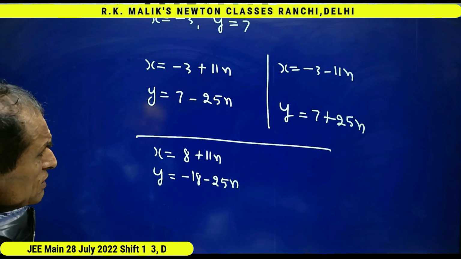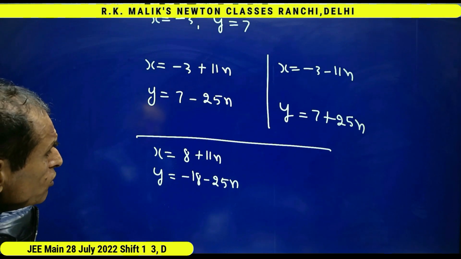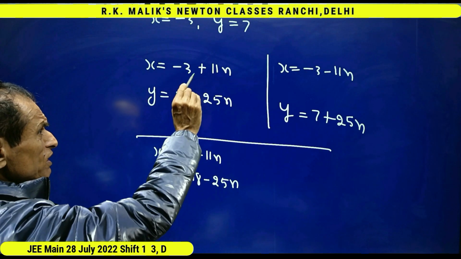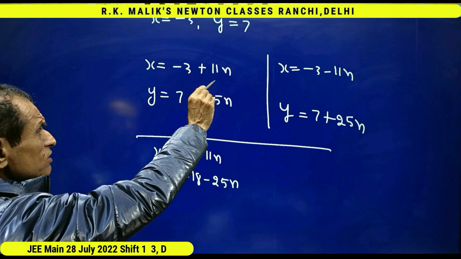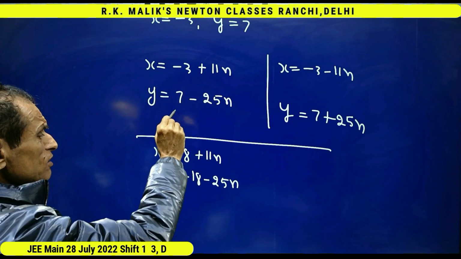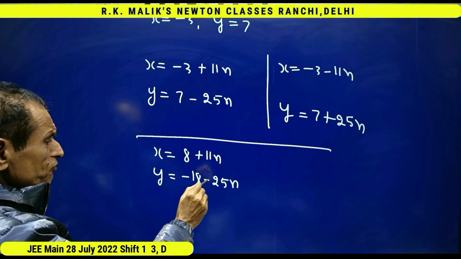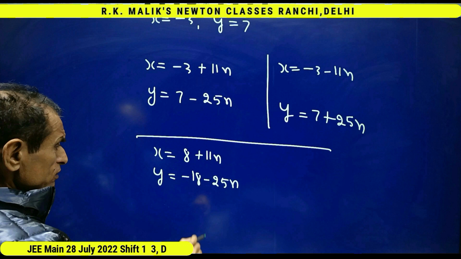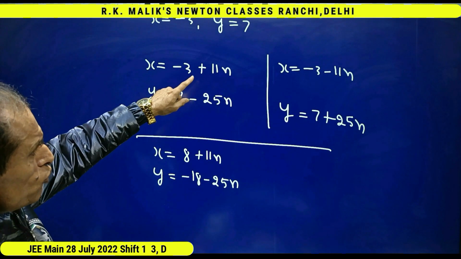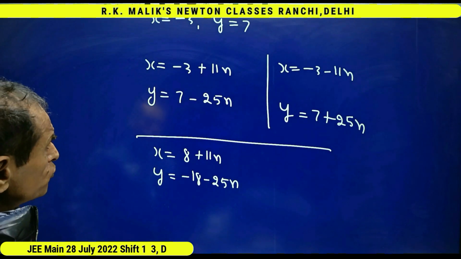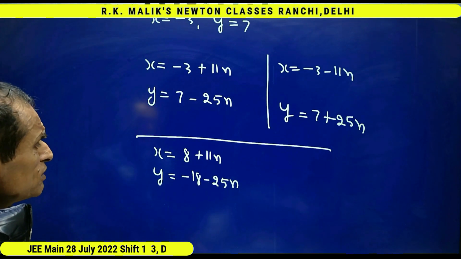They are actually the same, only they are seemingly different. It is clear that if I take the value of n as 1, the solution I'll be getting here will be the same as if I take the value of n equal to 0 here. For n equal to 1 or n equal to 0 here, the values of x and y will be the same.